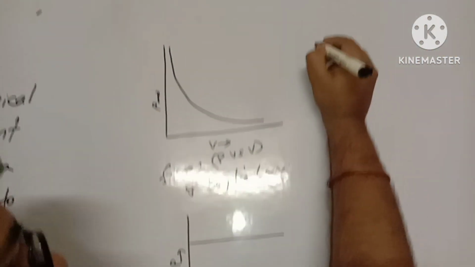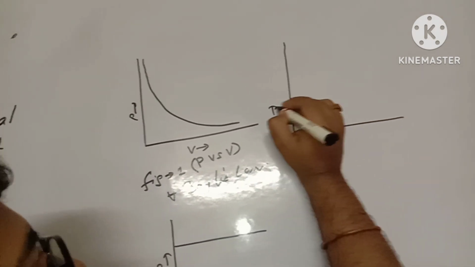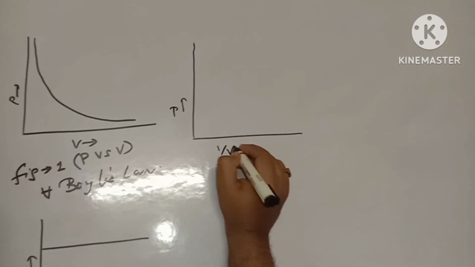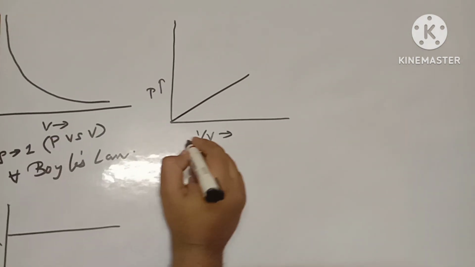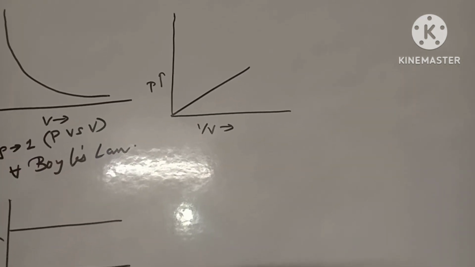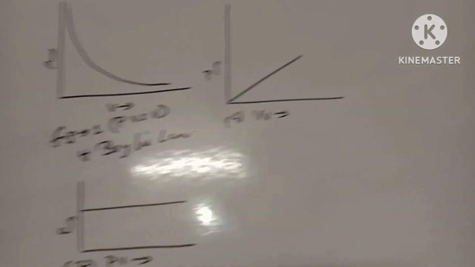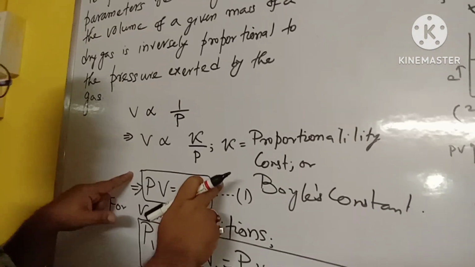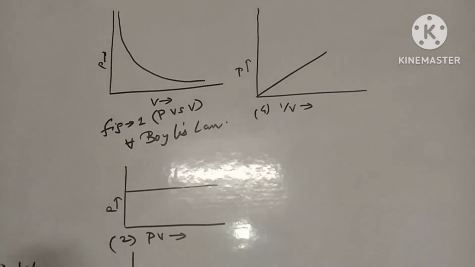If you want to plot it, like now I am plotting it, P versus 1 by V, then you get a straight line like this. All for Boyle's law. This is graph number 2, this is graph number 3, and this is graph number 4. So this equation is actually this graph.